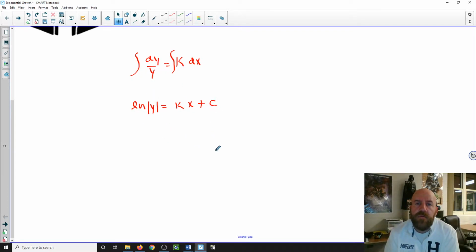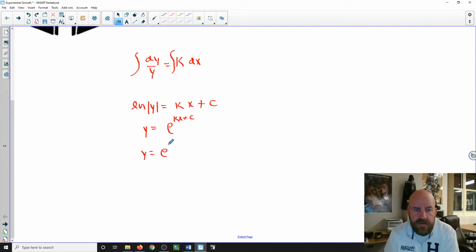Right. So now we can solve for y. So we can do e to both sides. So we have e and ln would cancel. So we get y equals e to the kx plus c. And then we can split this up using our exponent rules.